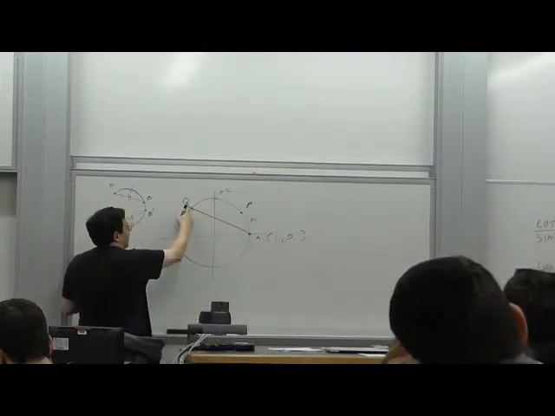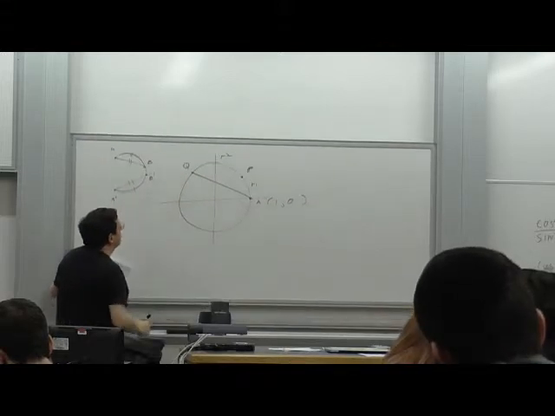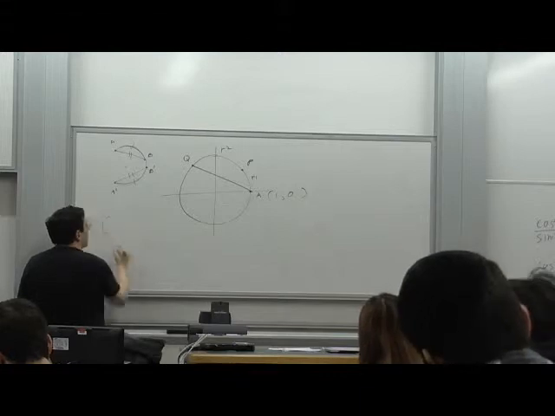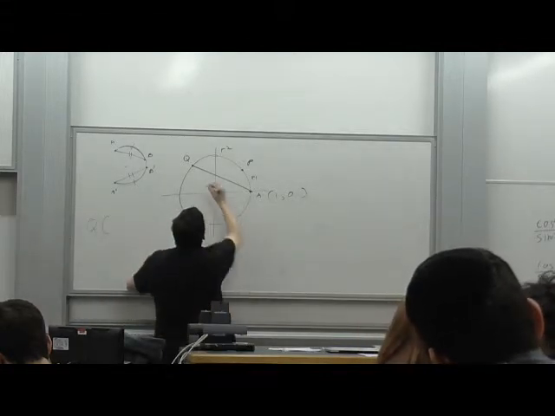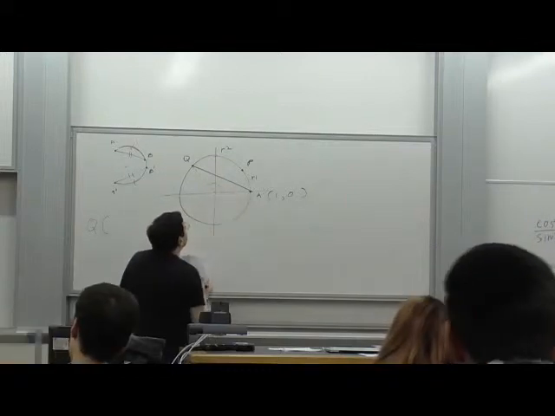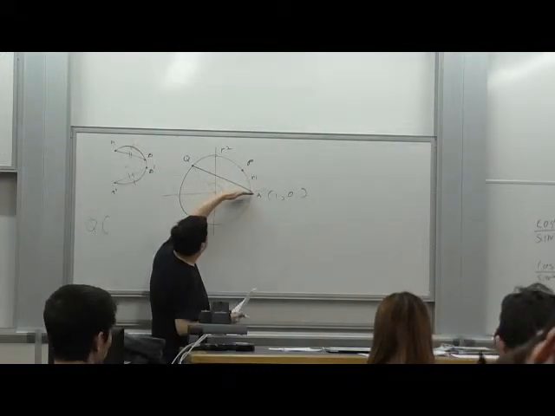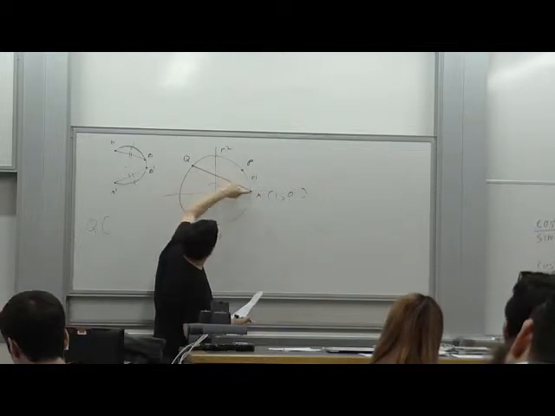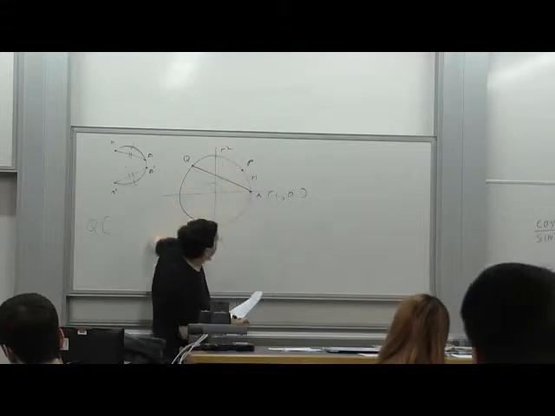And now I want to think about what the coordinates for Q are. Well, if you think of this angle here, it intercepts this arc R1 plus R2.